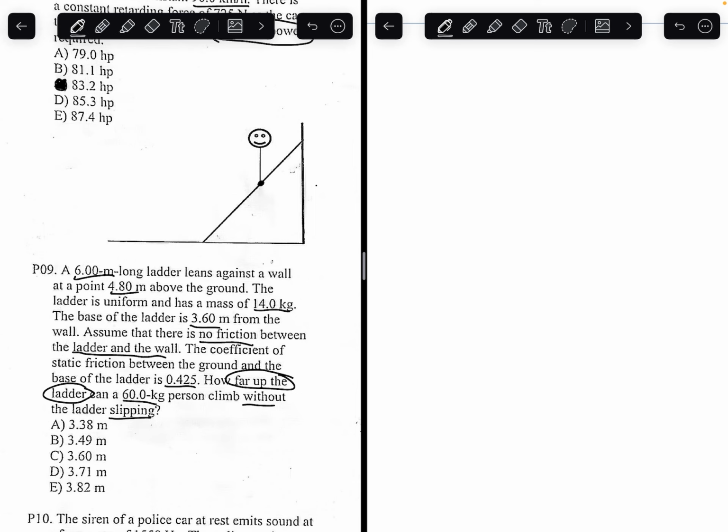So, like every physics problem, let's label all the forces we have. Before that, let me make sure to draw the side lengths. So you have 6, 4.8, and 3.6. What are all the forces? The problem said there is friction between the ground and the base of the ladder.